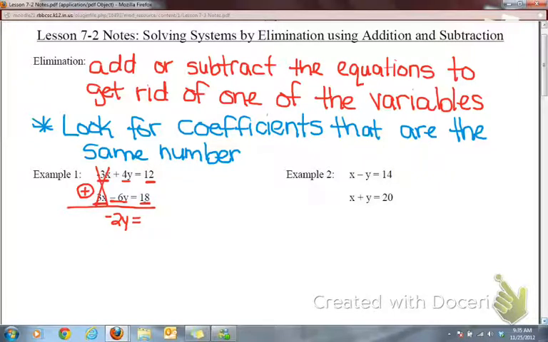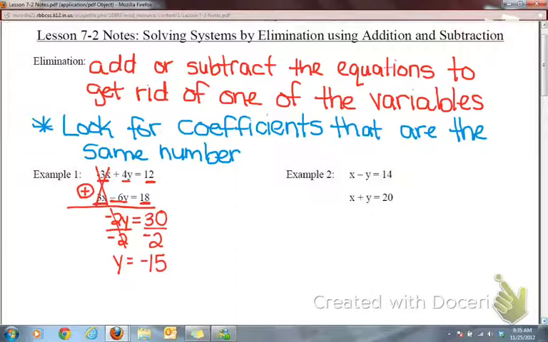So 12 plus 18 is 30. And then you proceed to solve for y. So we eliminated the x, so that all we have left is some y's, and now we want to get the y by itself. So you divide by -2. And you get y equals -15.